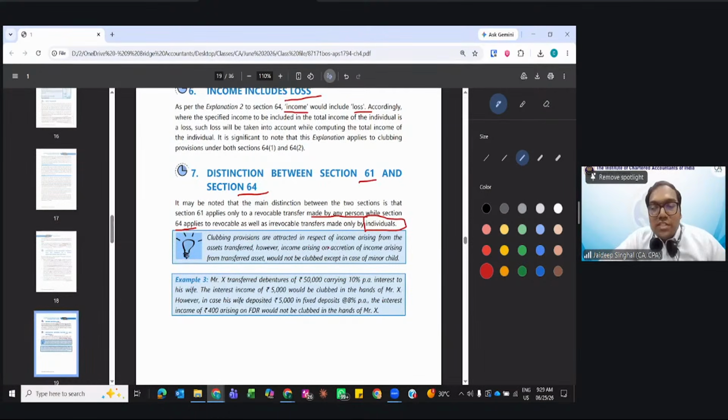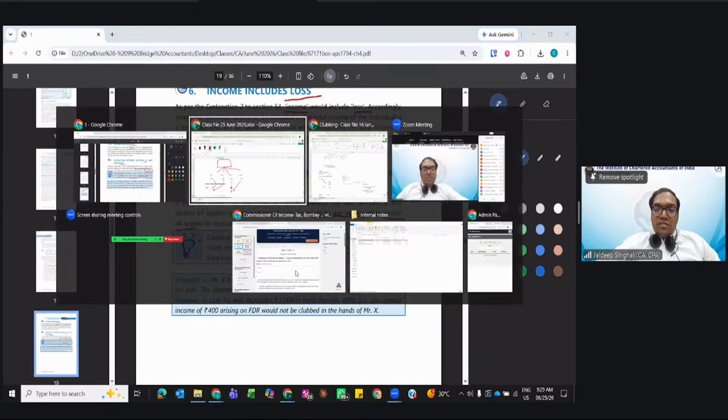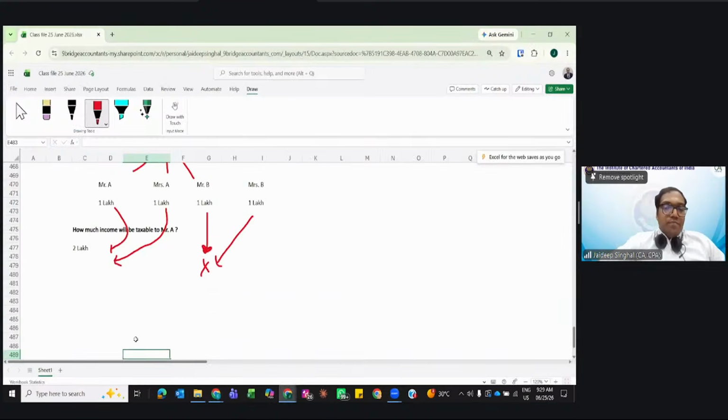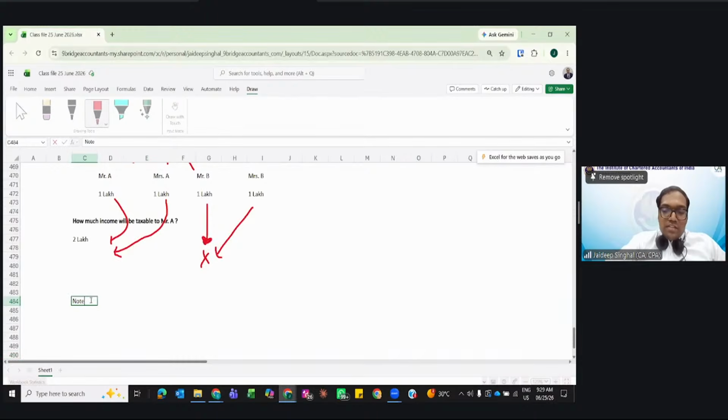Now clubbing provisions are attracted in respect of income arising from the assets transferred. However, income from accretion, income on income, is clubbing applicable on it normally? The answer is no. But in case of minor child, it is applicable. Income arising from accretion of income arising from transferred asset would not be clubbed, except in case of minor child. So income on income is clubbed for the minor child.